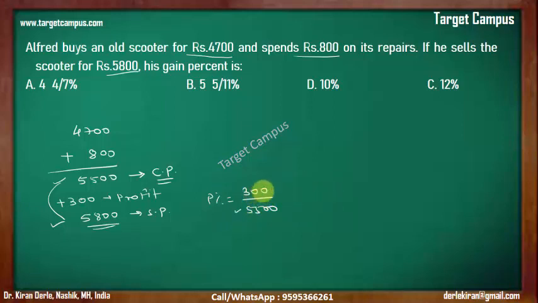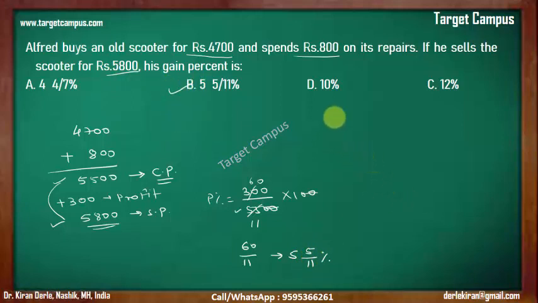So profit percent is equal to profit upon cost price into 100. So this goes out, this goes out. So this is 511, this is 56. So 60 by 11, we have a mixed fraction here. 60 by 11 can be converted as 11 fives are 55, remainder is 5, so 5 5 by 11%.